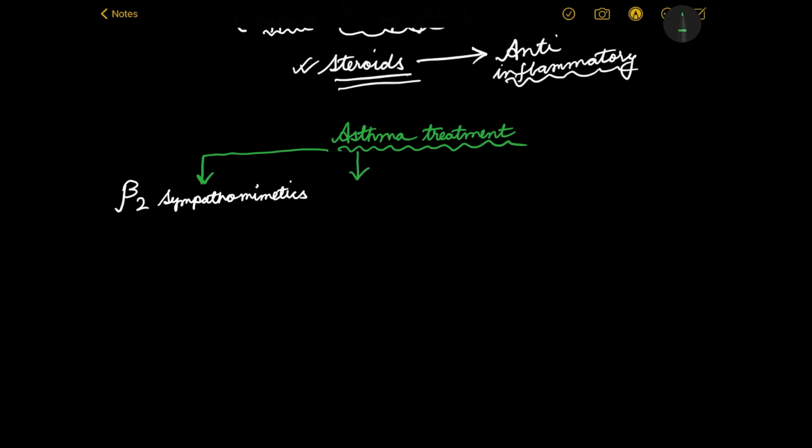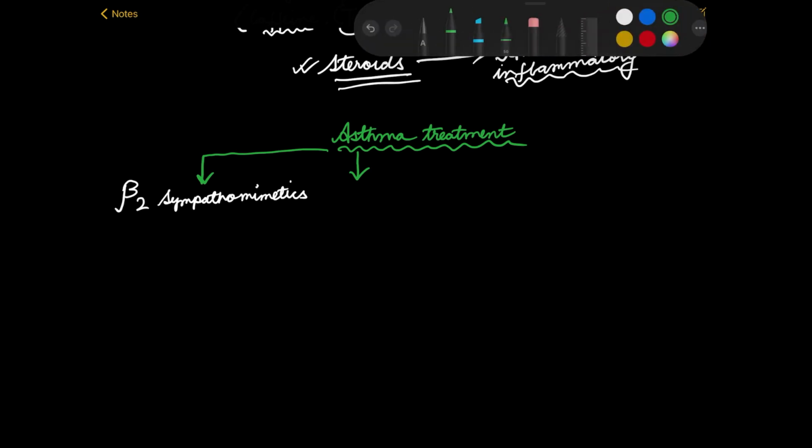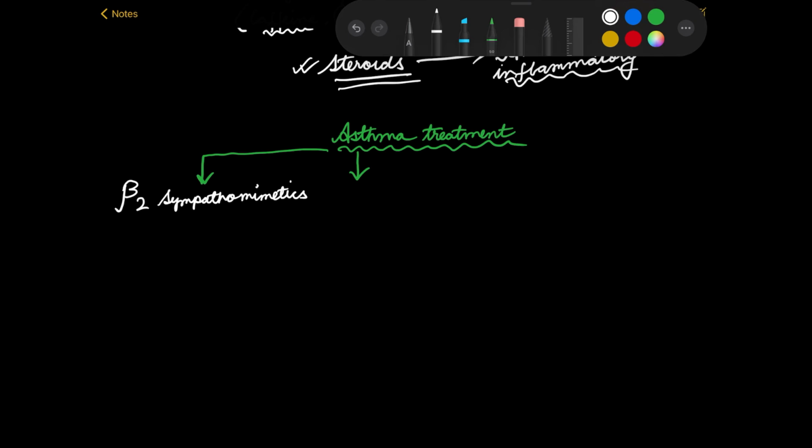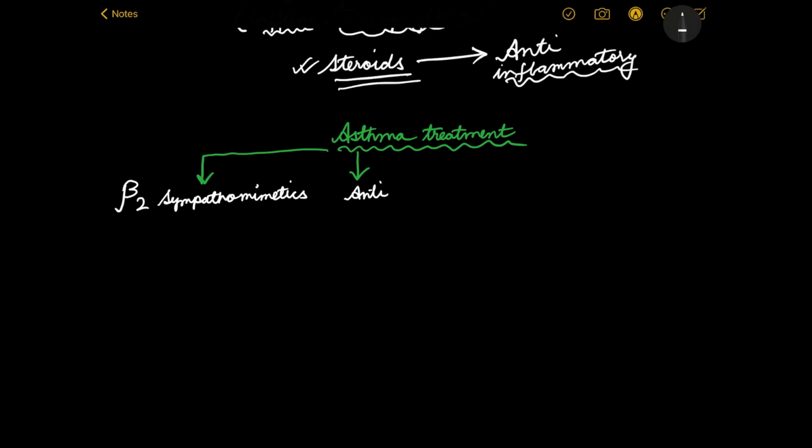Another way of treating is, instead of giving sympathomimetics, mimicking the sympathetic system, you can give anticholinergic drugs, that is, antagonizing the parasympathetic or cholinergic system. Now, which cholinergic receptors are present on the lungs? I had talked about a mnemonic to remember this. First you eat, then learn by heart, then do everything else.